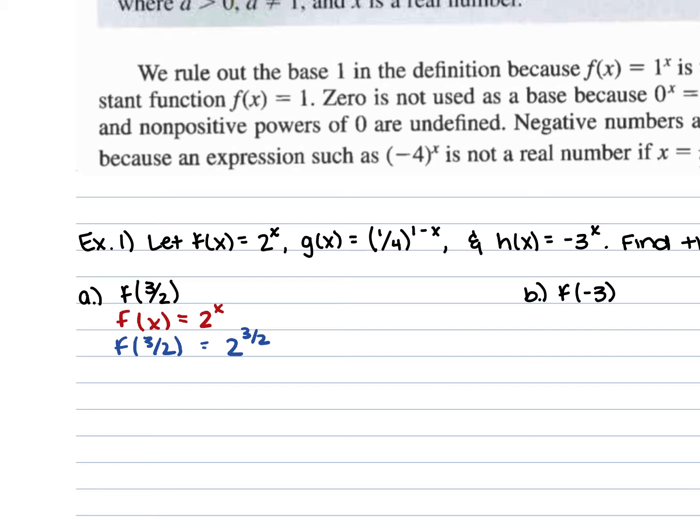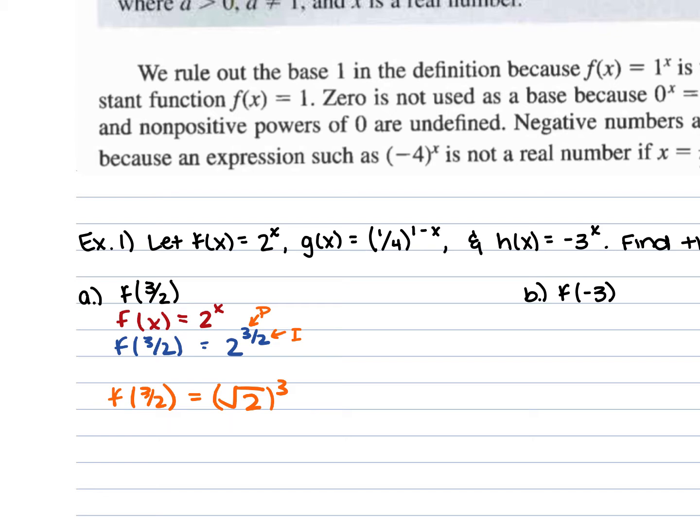Now, if you remember from a while ago, that power is a fraction. The numerator is going to stay as the power. The denominator is your index. So that is going to give us f of 3/2 is equal to the square root of 2 cubed.